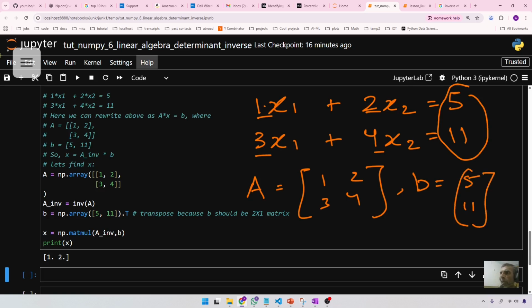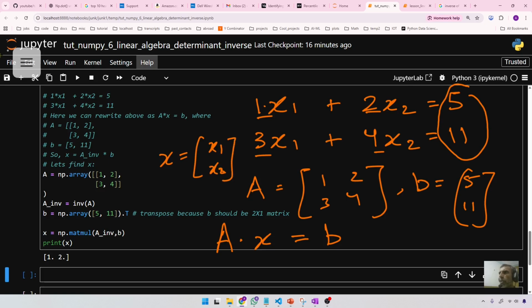So this equation can be written like this: A times x equal to B, and your x can be written as x1 and x2.